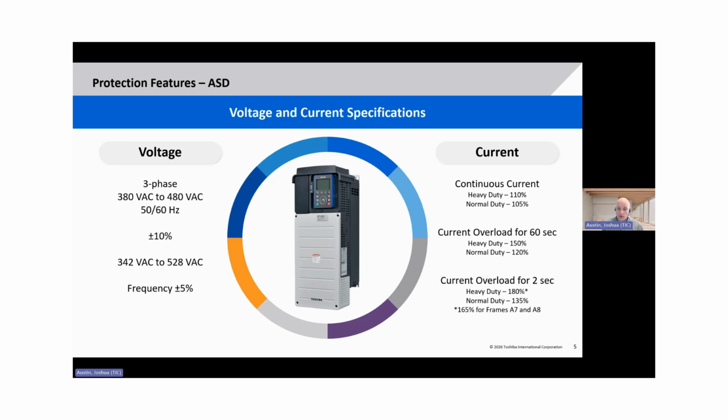So for example, with our AS3 product, we have what Toshiba calls heavy duty and normal duty. And typically that's referring to the 60-second overload. For heavy duty, it's going to be 150%. And for normal duty, it's 120%. And some manufacturers, the normal duty or standard duty will be 110% overload for 60 seconds.